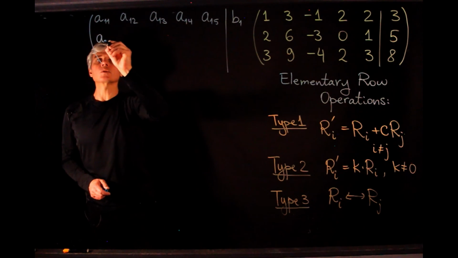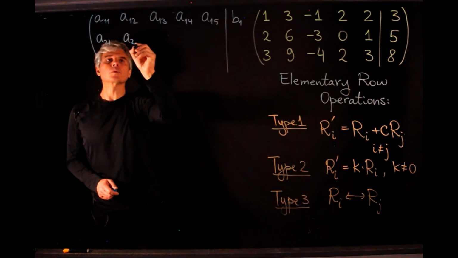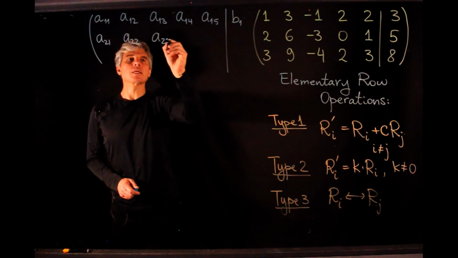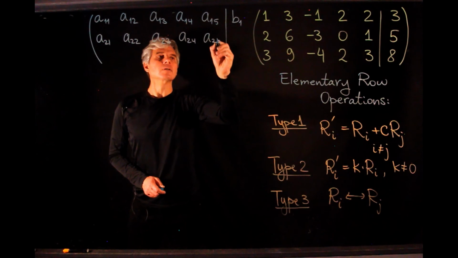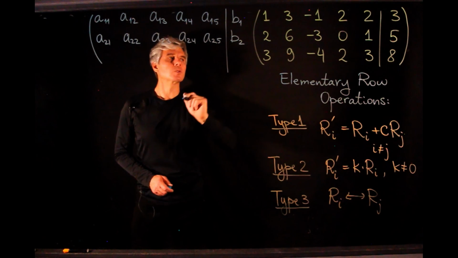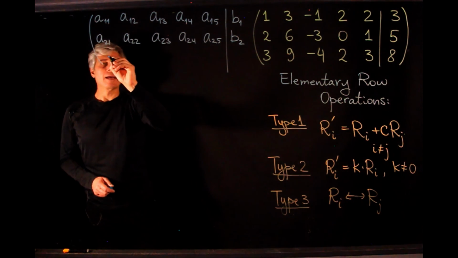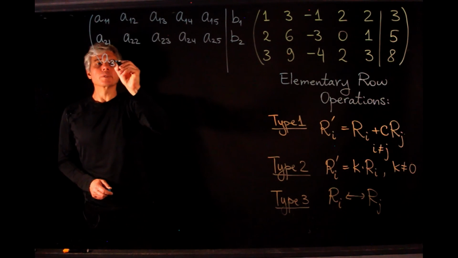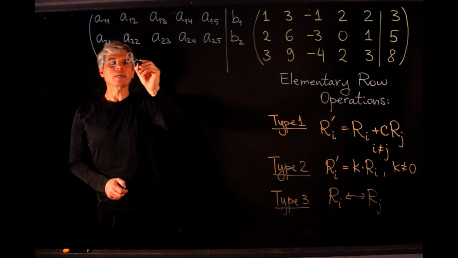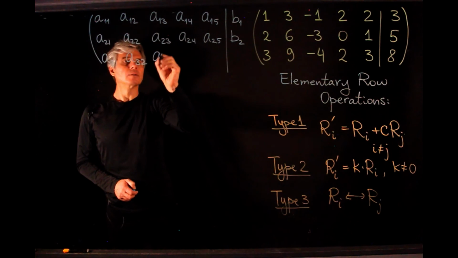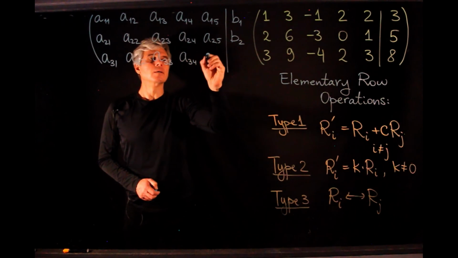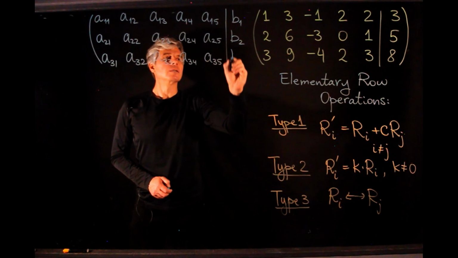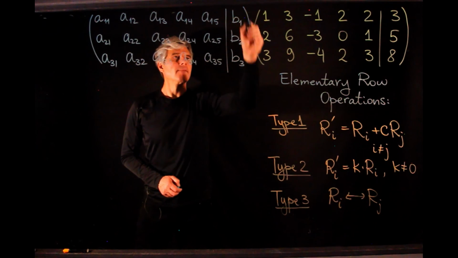And we have A21, A22, A23, A24, A25, and the coefficient is B2. And the last row will be denoted A31, A32, A33, A34, A35, and the coefficient is B3.